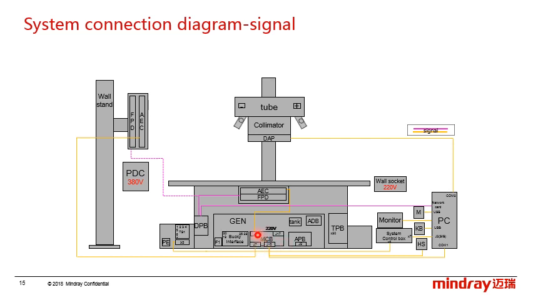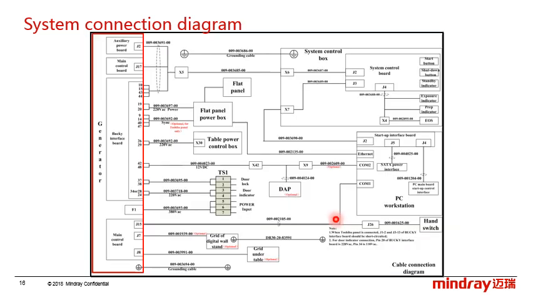And the J7 and J8 connect to the ionization chamber in the detector box. And this one, X-wire, is used to control the system power on or off and the emergency stop.